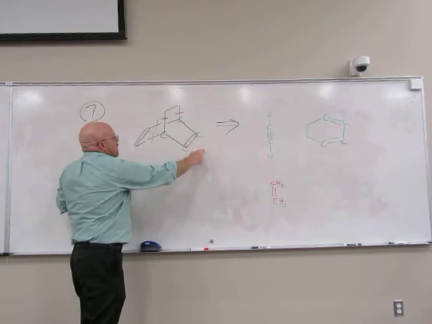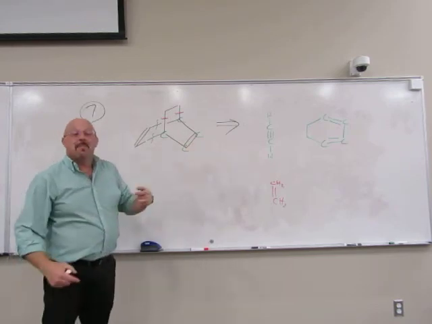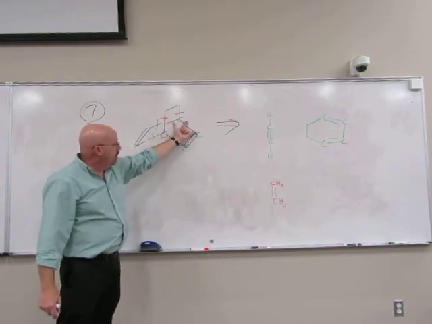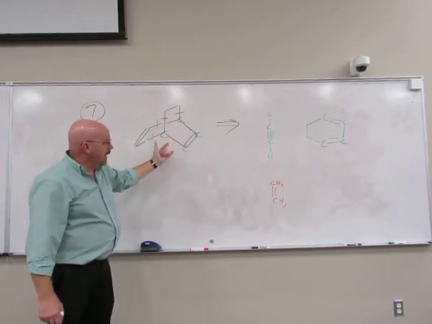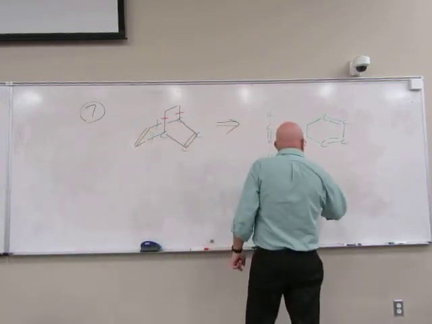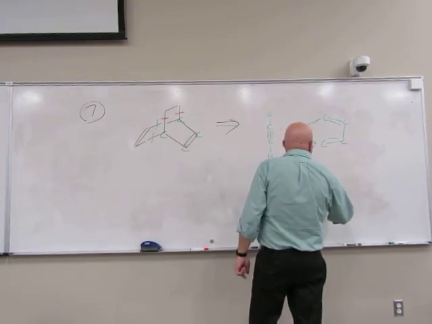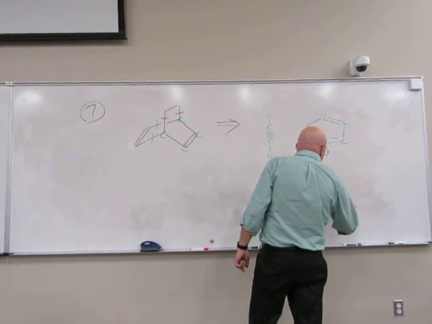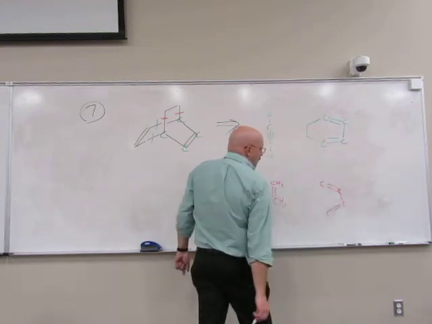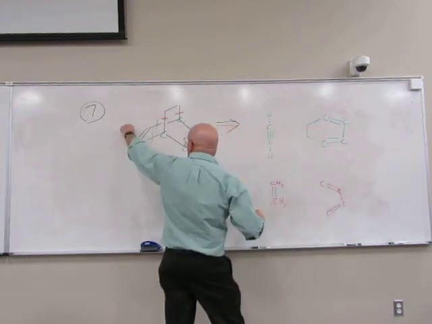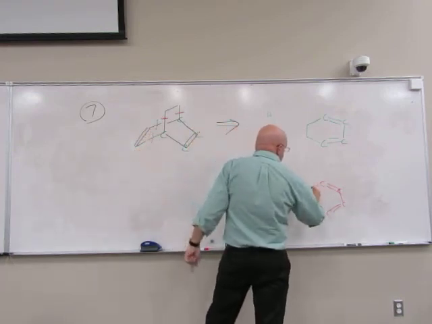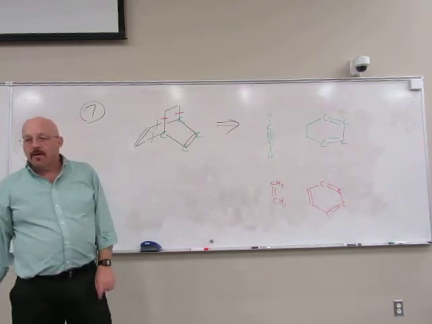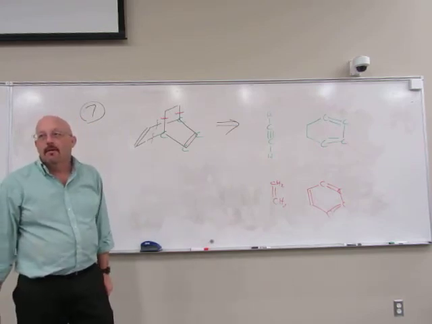And then the rest of this at the bottom has to be the diene, so we're going to make these green carbons here a diene. But it's still got the rest of this hanging on. Do you see the problem now? It's a really stable benzene.